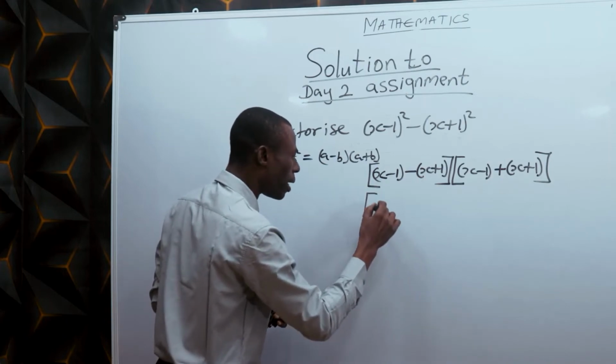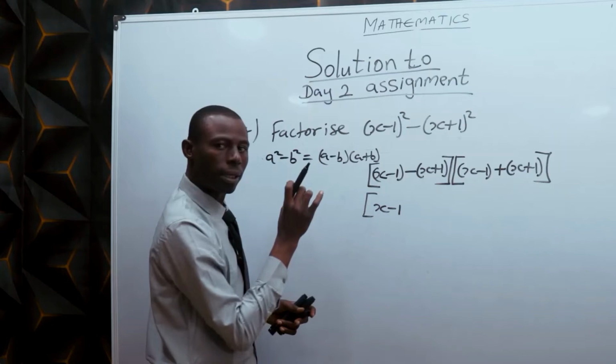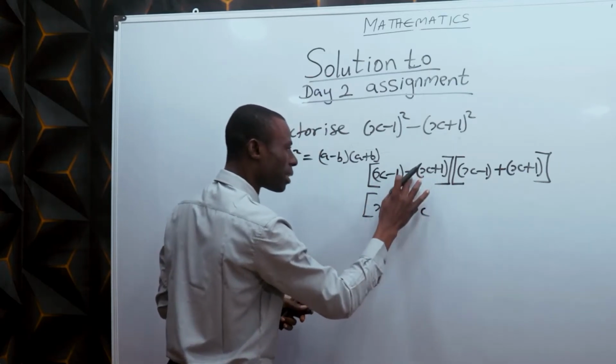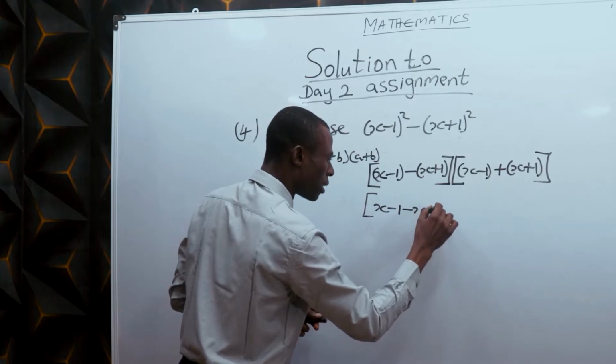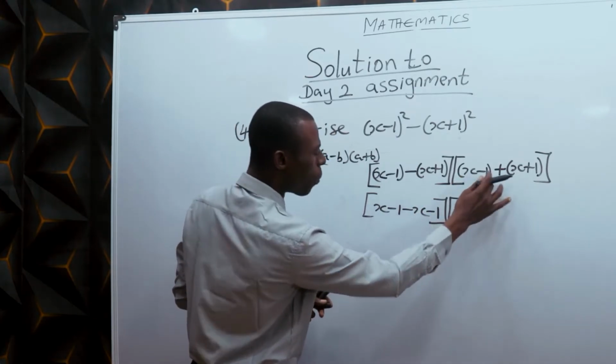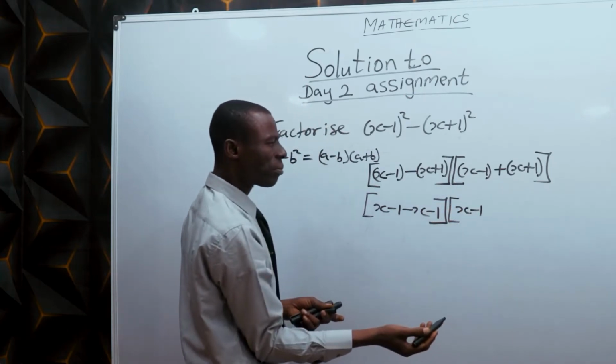You have x minus 1. Open this bracket with negative. Negative times x, you have negative x. Negative times plus 1, you have negative 1. Put your bracket back. Now open this bracket with 1, x minus 1.